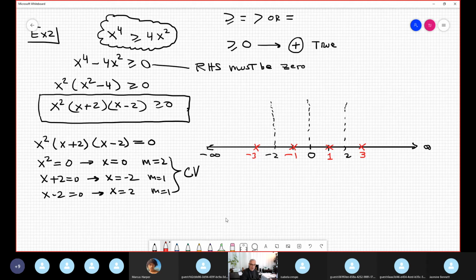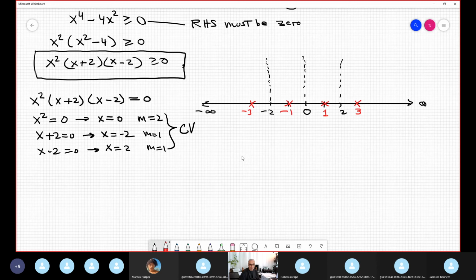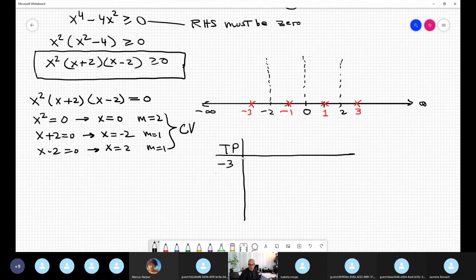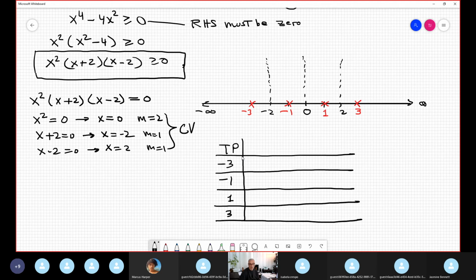After the selection, I create my table to test these points. Testing points are -3, -1, +1, and +3. The columns of the table depend on the factors we have in the polynomial.